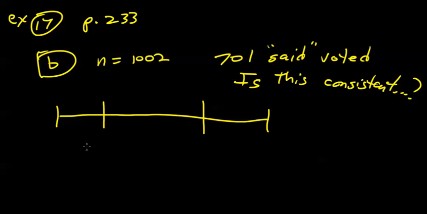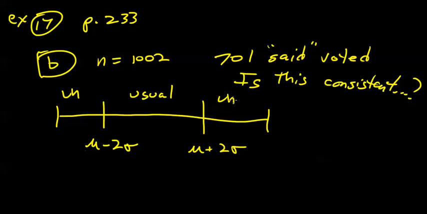Recall, according to guidelines given throughout this textbook, any data within 2 standard deviations of the mean is usual, and anything outside these boundaries is unusual.